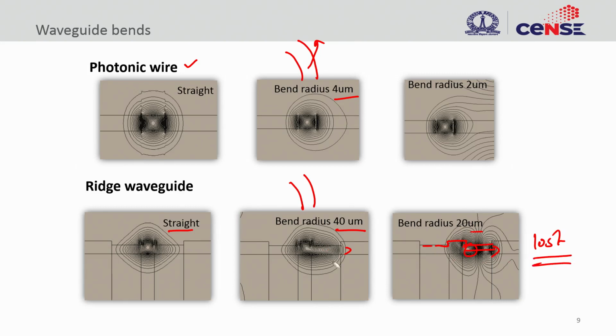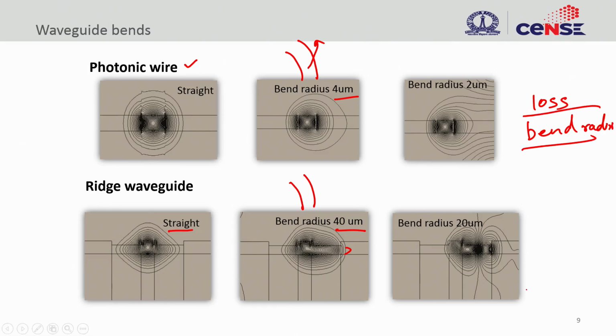When you are looking at waveguide geometries, you look at loss and also at bend radii. We need to look at these two factors when selecting the waveguide configuration.